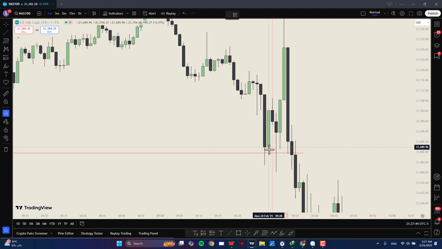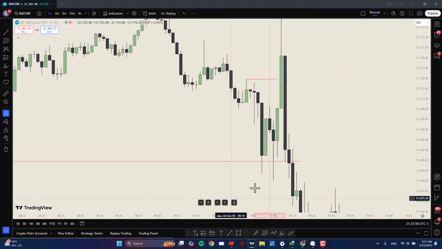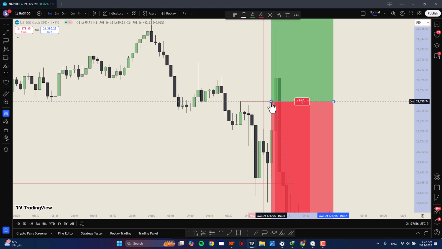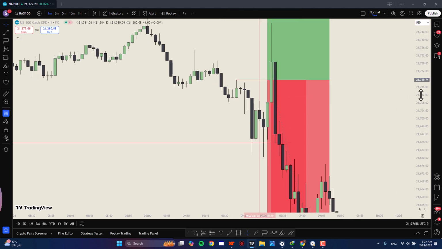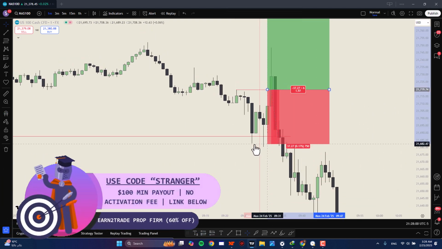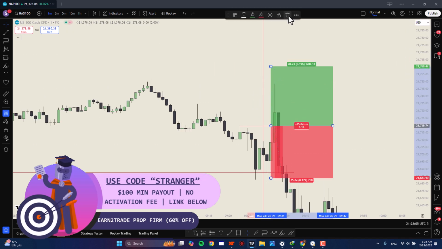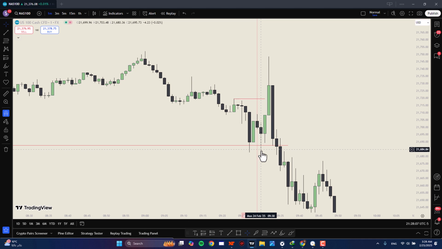At 9:30, if price trades below or above this, I'm going to take my entry, and I'm going to put my buy stop here before it even trades to it, and then price goes to the upside. But what happened is that we had another sweep at 9:30, so now my level changes from this to this.